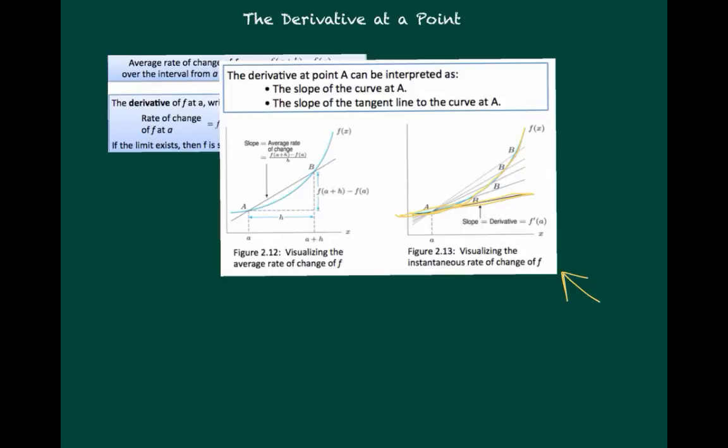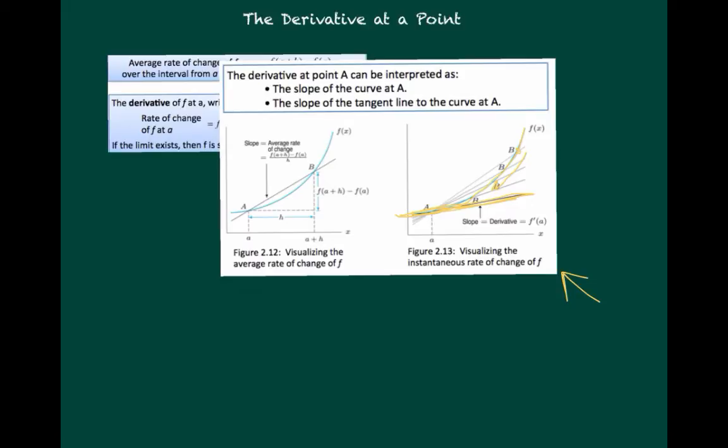What they're trying to show you here is that B was far away, and as it moved closer, these secant lines from A to B became the tangent line from A to B. That's what I did in the previous video, and I think the picture with motion was better than this diagram, figure 2.13. But back at figure 2.12 here, this is again the picture of the average rate of change.